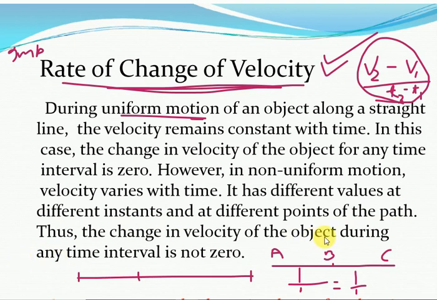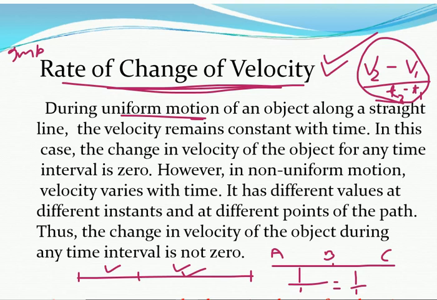Thus the change in velocity of the object during any time interval is not 0. So in case of uniform motion the rate of change of velocity becomes 0. In case of non-uniform motion, the rate of change of velocity is not equal to 0. Okay. So far we have completed this one.